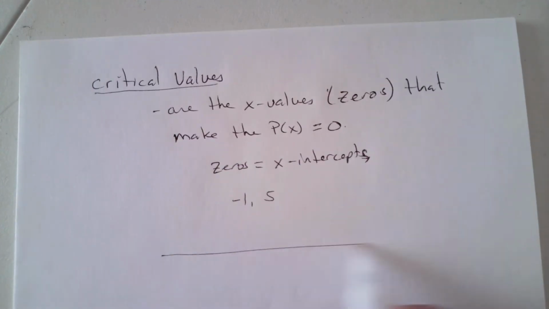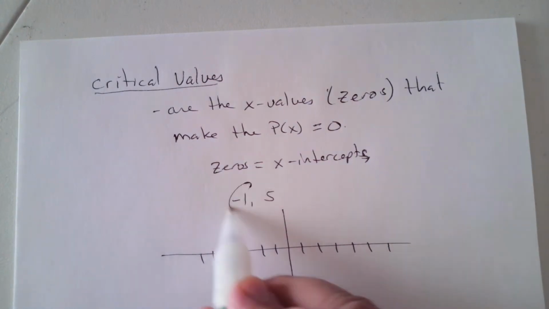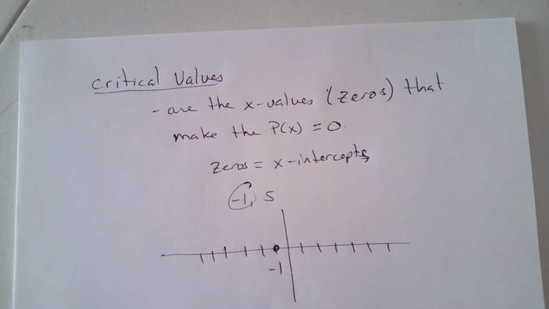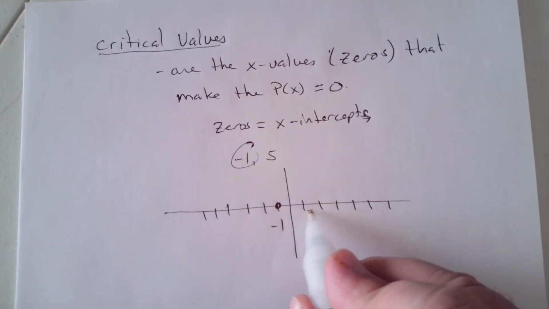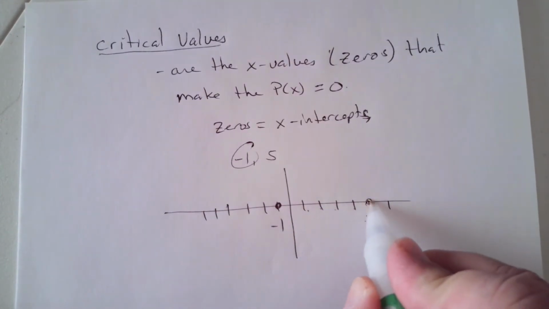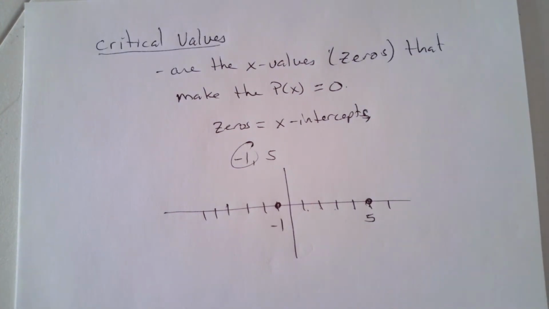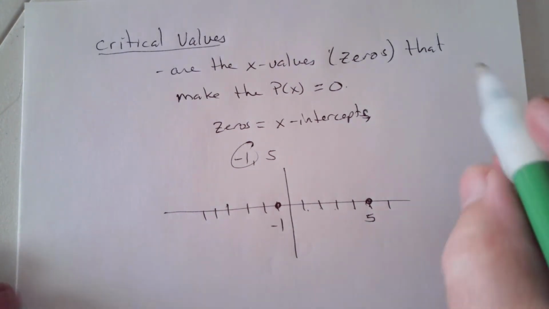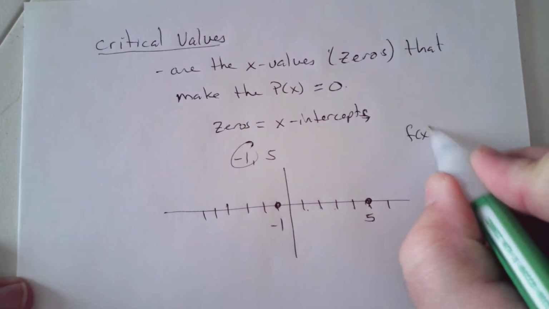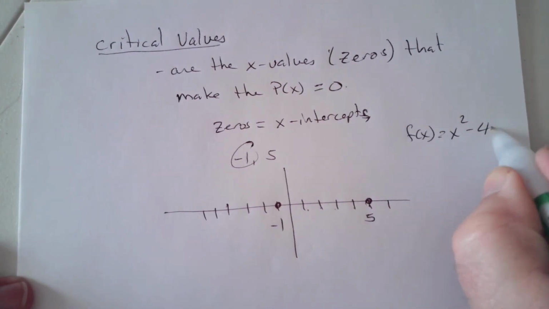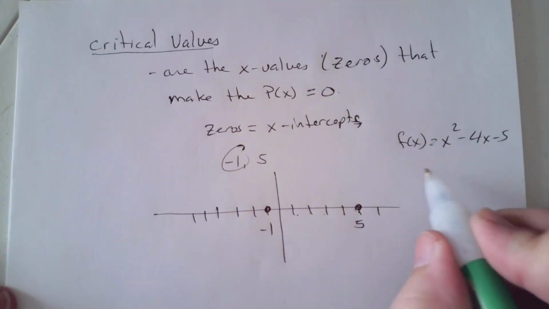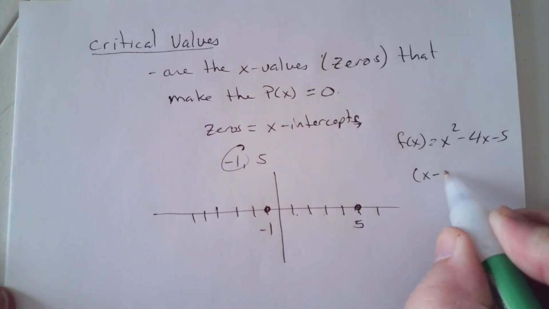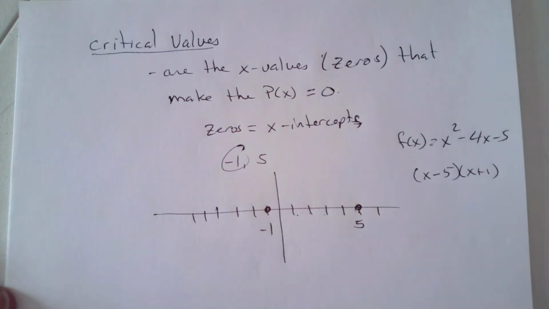If we look at our graph, the first x-intercept is at -1. The second one is at 5. I'll write the equation down again. F of x equals x squared minus 4x minus 5. The factors were x minus 5, x plus 1.